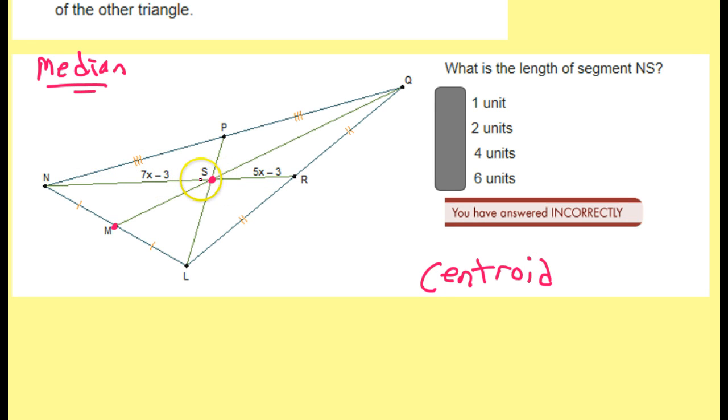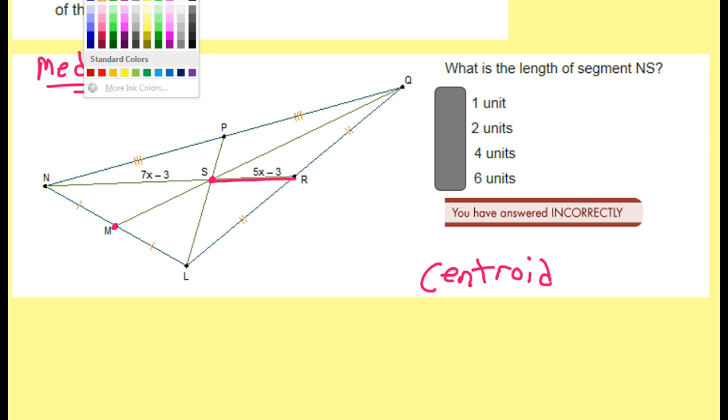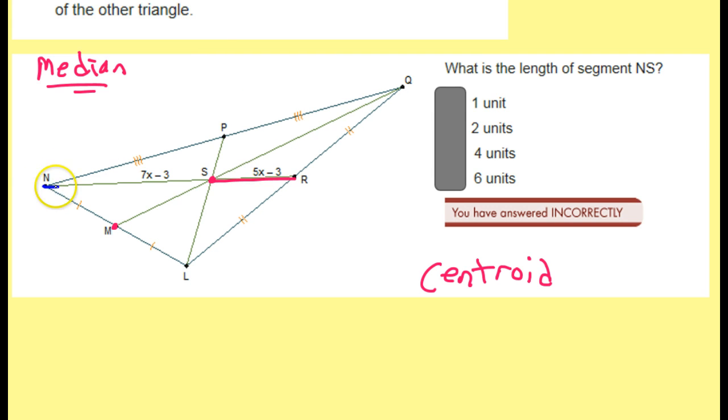The centroid is going to divide each one of these medians into a smaller part and a bigger part. So, for example, this is clearly the smaller part over here, and this is the bigger part over here.